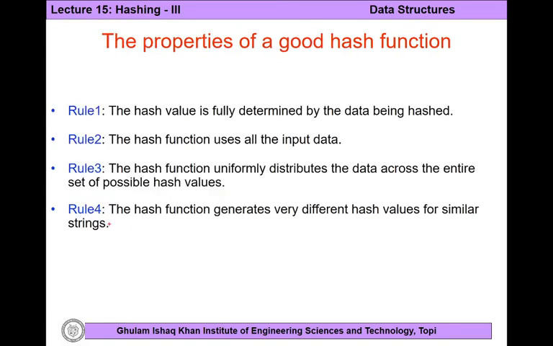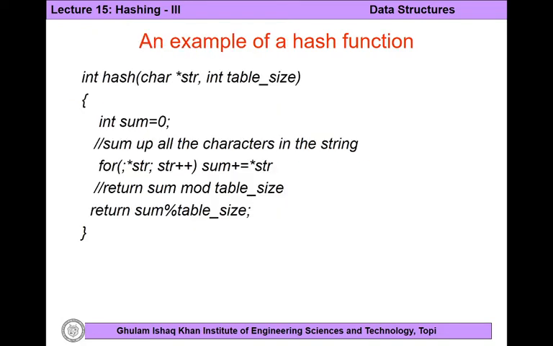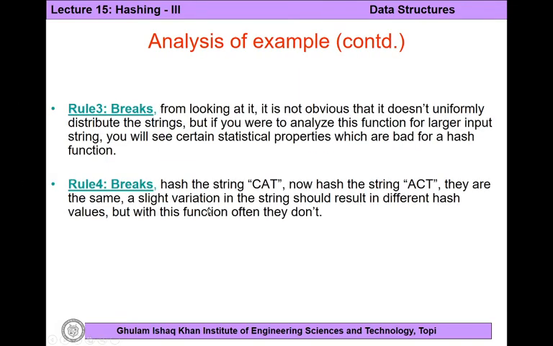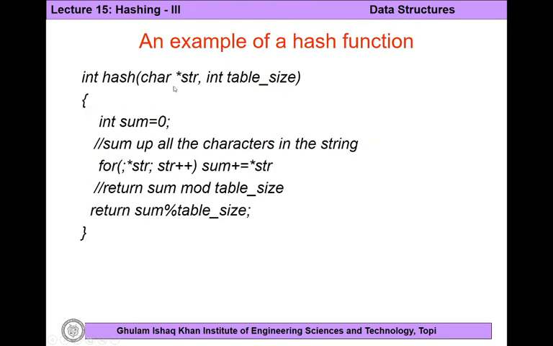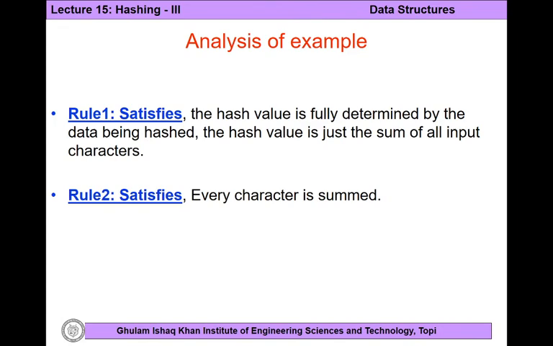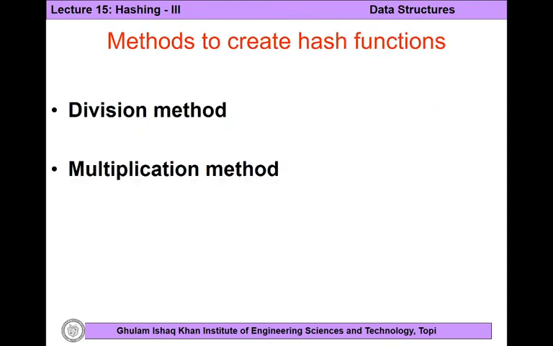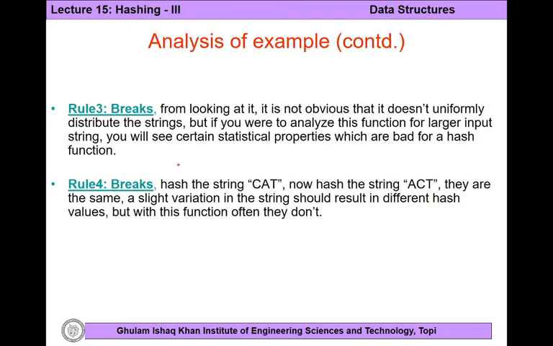Now, the third rule says the hash value uniformly distributes the data across the entire set of possible hash values, right. So on the face of it, when you see this function, it is quite challenging to say that it uniformly distributes the keys across the entire set of hash values, but actually it breaks this rule, because from looking at it, it is not obvious that it does not uniformly distribute things.